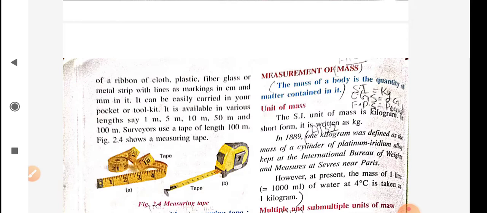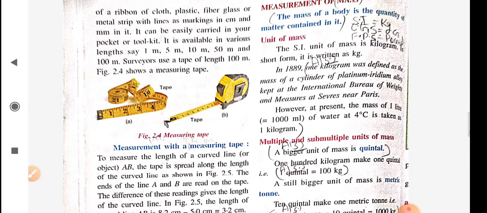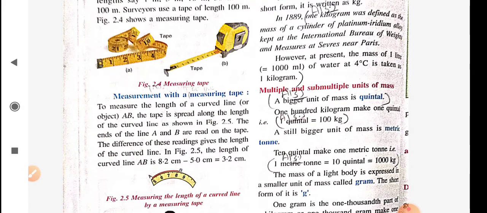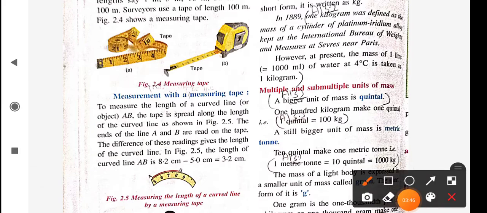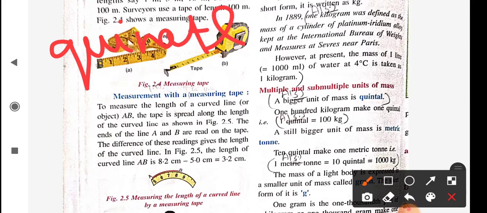Now the multiple and submultiple units of mass. The bigger unit of mass is quintal, and the still bigger unit of mass is metric ton.